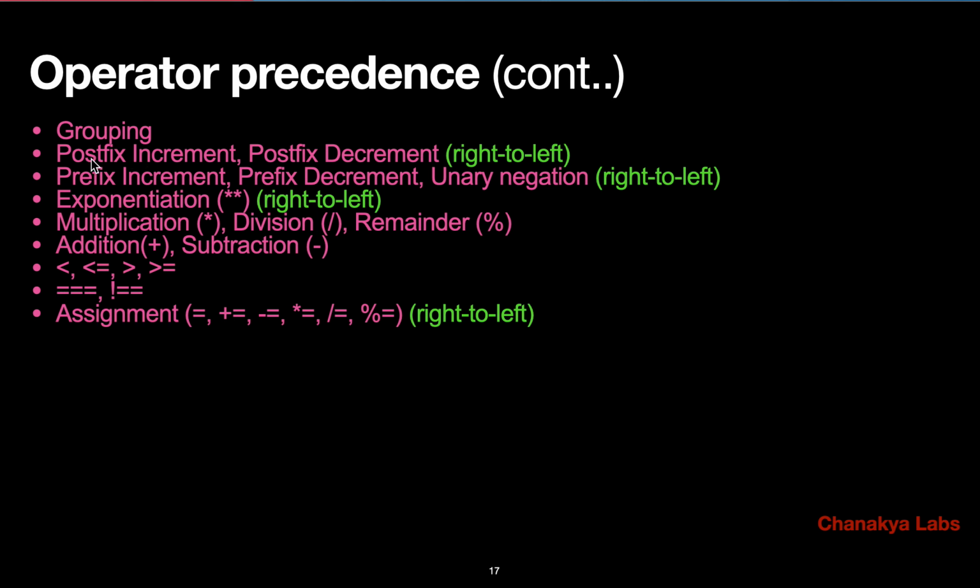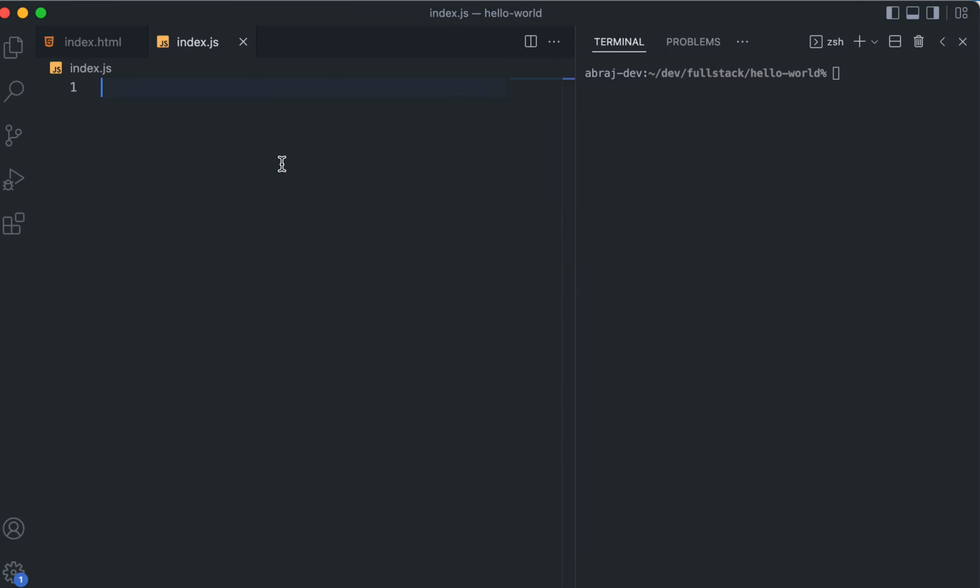Now, grouping is the first one. Now we'll go one by one among all of them. Postfix increment and postfix decrement, which means something like a plus plus and, let's say, a minus minus. So let's say we have a variable a, equal to 5.